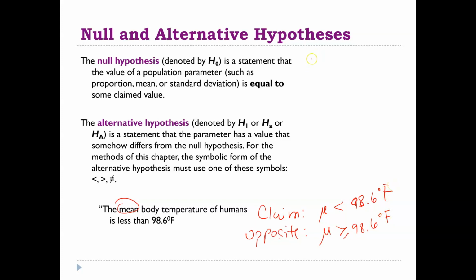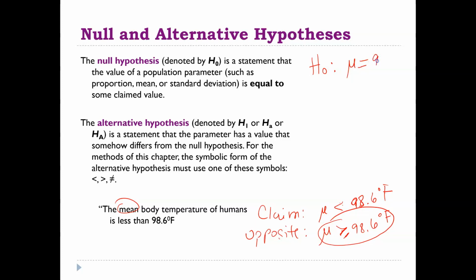Let's identify the null hypothesis. The null hypothesis is the statement that our population parameter is equal to some value. So looking at these two, the claim and the opposite, we're choosing the one that has the equal sign in it. It's the opposite claim.